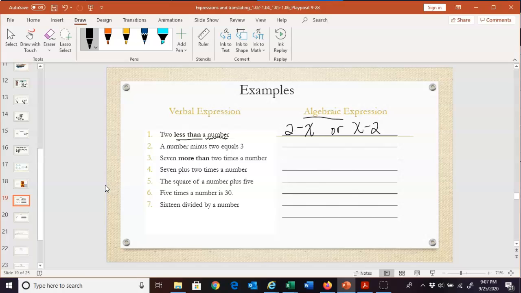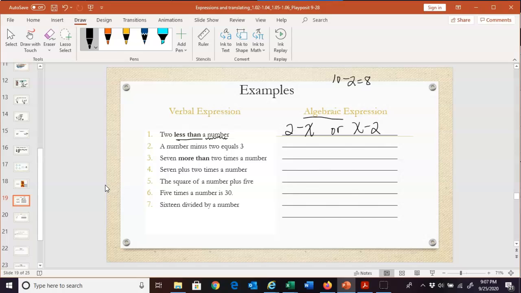If you think about someone's age, and I said, Sharon is 2 years younger than Bob, and Bob is 10. What would you say? You would go, oh, 10 minus 2 is 8. Sharon's 8 years old.